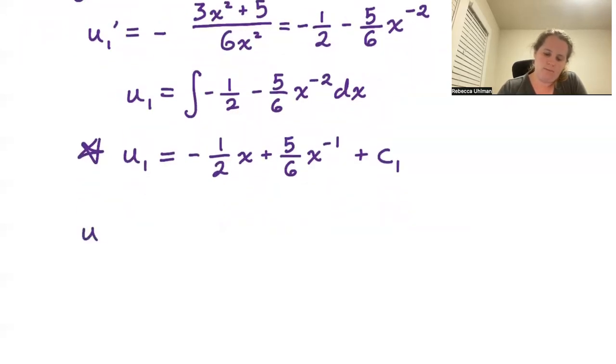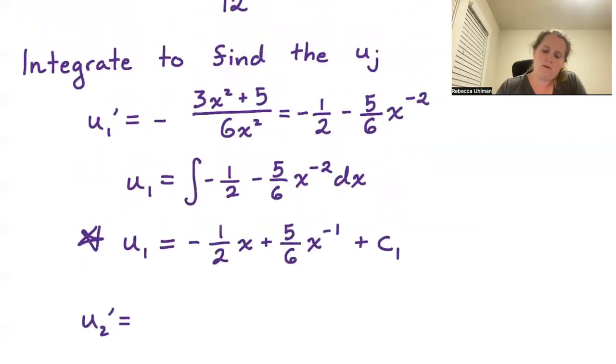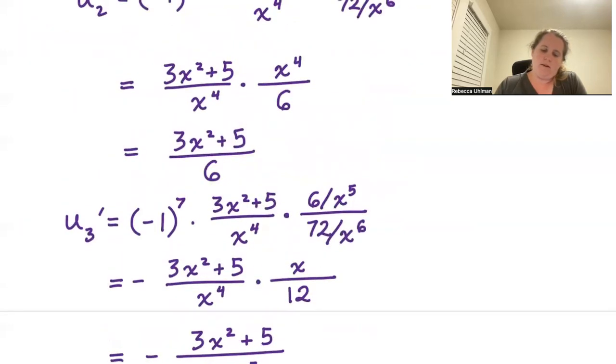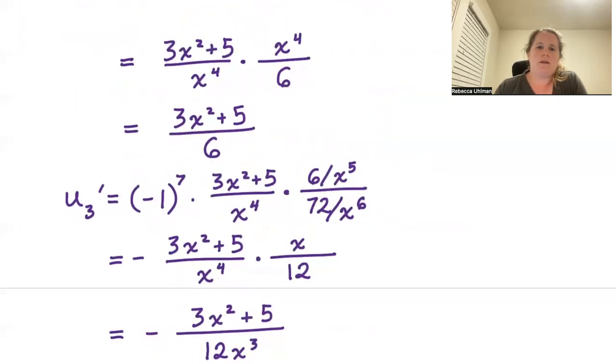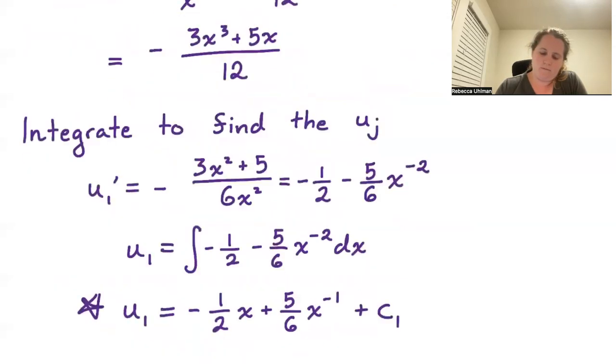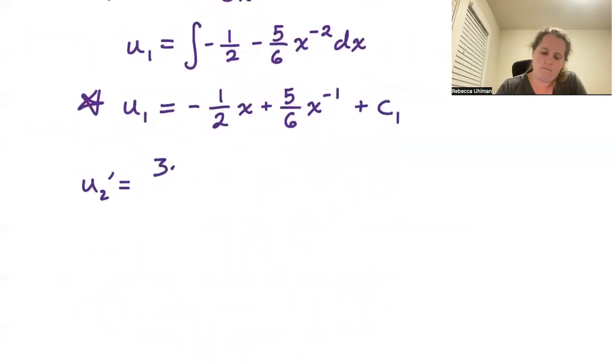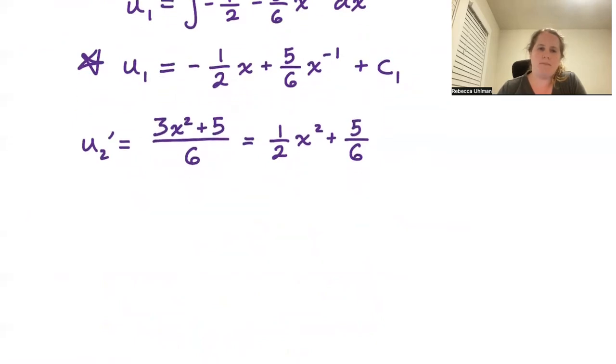u2 prime. We had 3x squared plus 5 all over 6. So we are looking at 1/2 x squared plus 5/6 is our u2 prime.